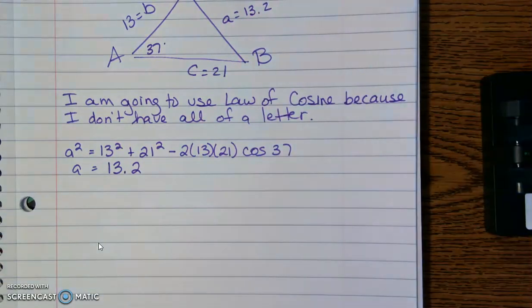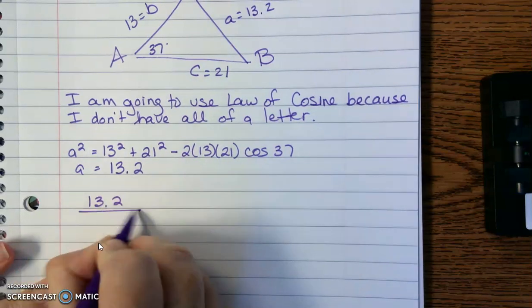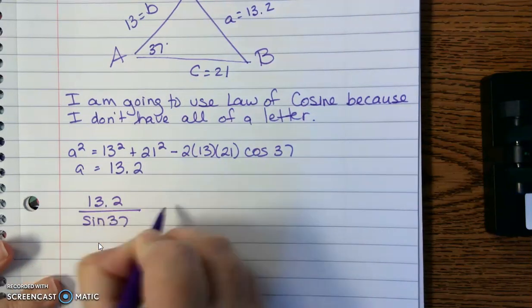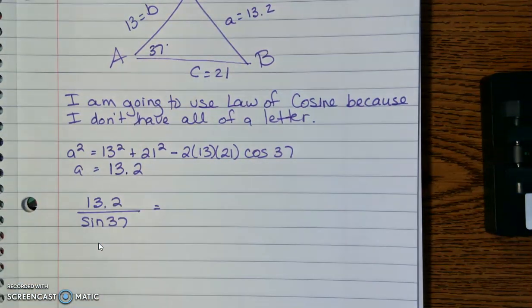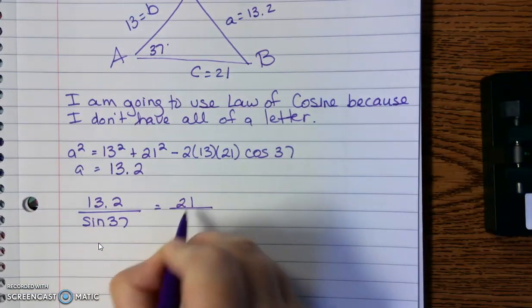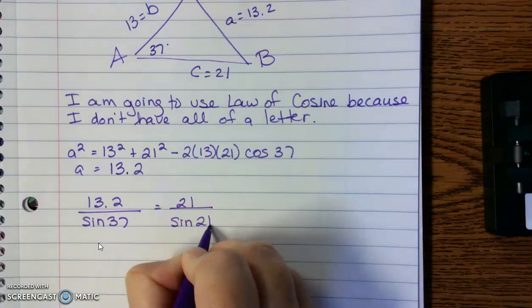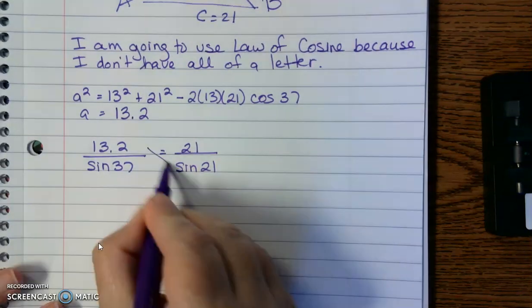Okay, so far so good. Now that I have all of the letter, we can go to the law of sines. We do have a choice between B or C. When you do have a choice, let's always choose the largest side. So we're going to find big C. Now cross multiply.